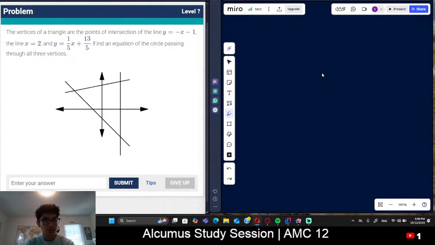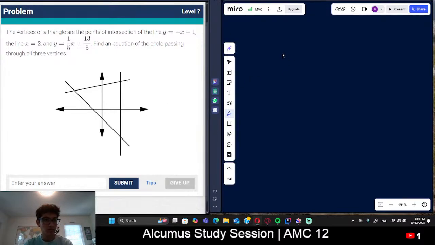What can we do here? I think we can just find the solutions, right? Oh yeah, okay, wait. We can figure out the type of triangle that it is, and then accordingly, no. Okay, two of them are on the same point, right? Two of them, that's just x equals 2.